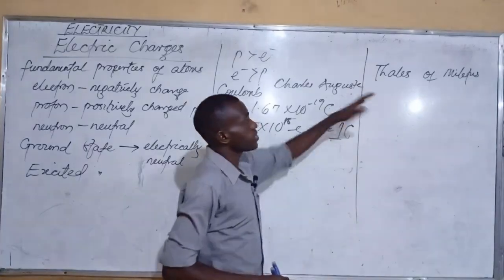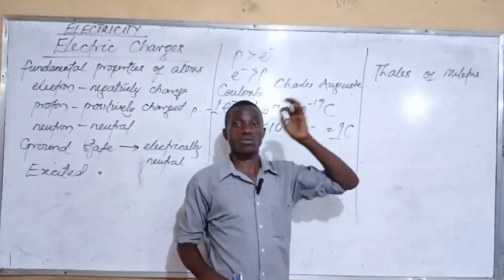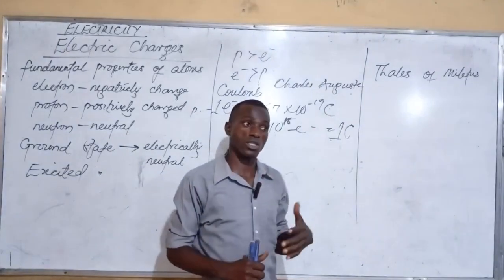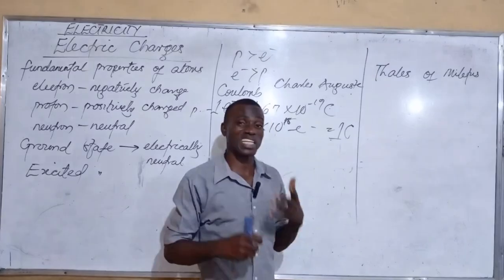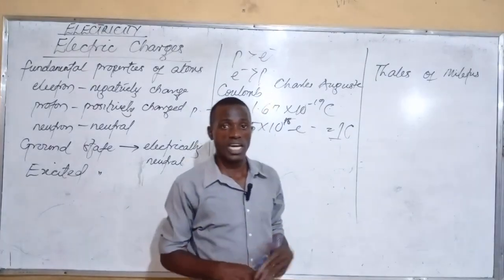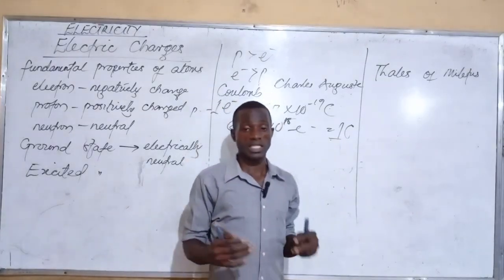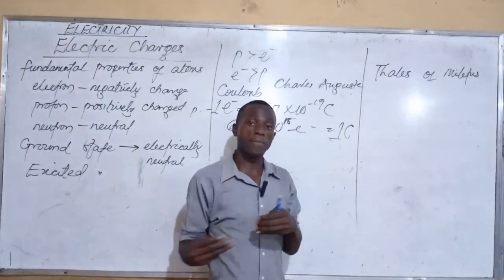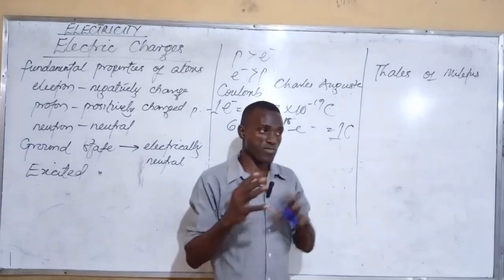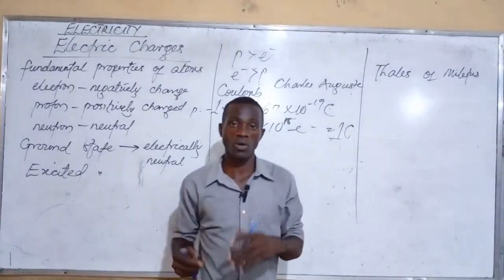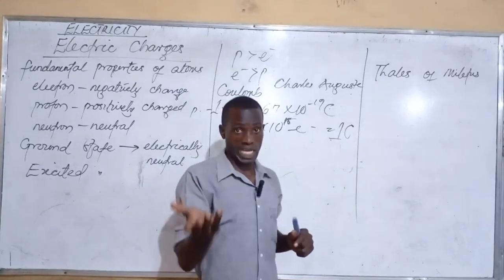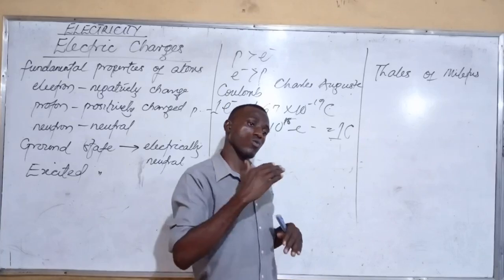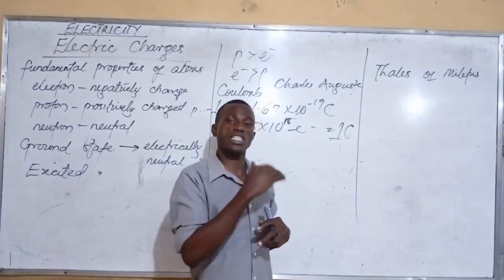Thales was the first scientist, in fact, to publicly show that static electricity, or electricity as a property, actually existed. This was because it was discovered that amber, when rubbed with the skin of an animal, which was their garments then, would gain negative charge.